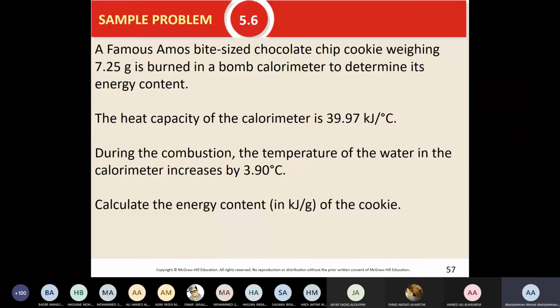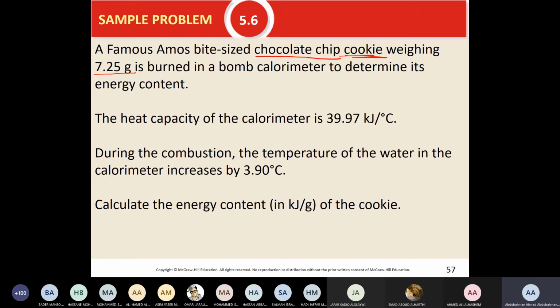A famous Amos bite-sized chocolate chip cookie, weighing 7.25 grams, is burned in a bomb calorimeter to determine its energy content.